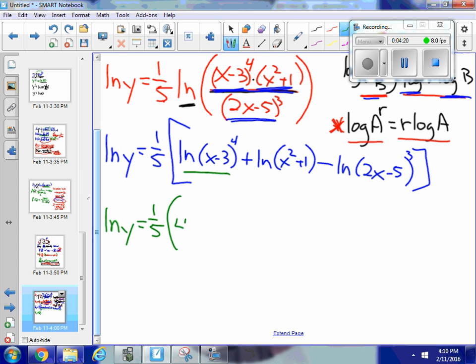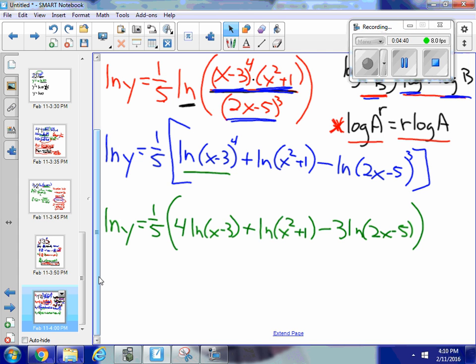So it's going to be 4 ln (x minus 3) plus ln (x squared plus 1) minus 3 ln (2x minus 5).